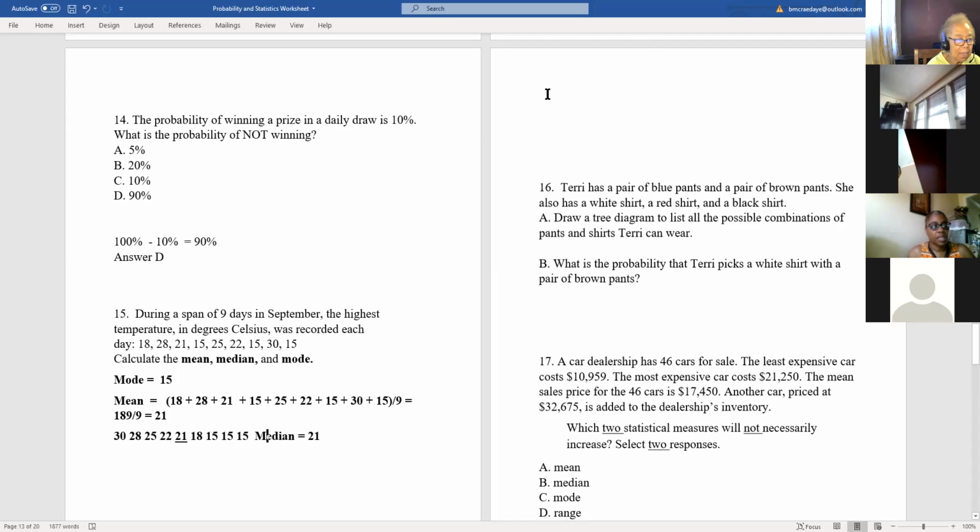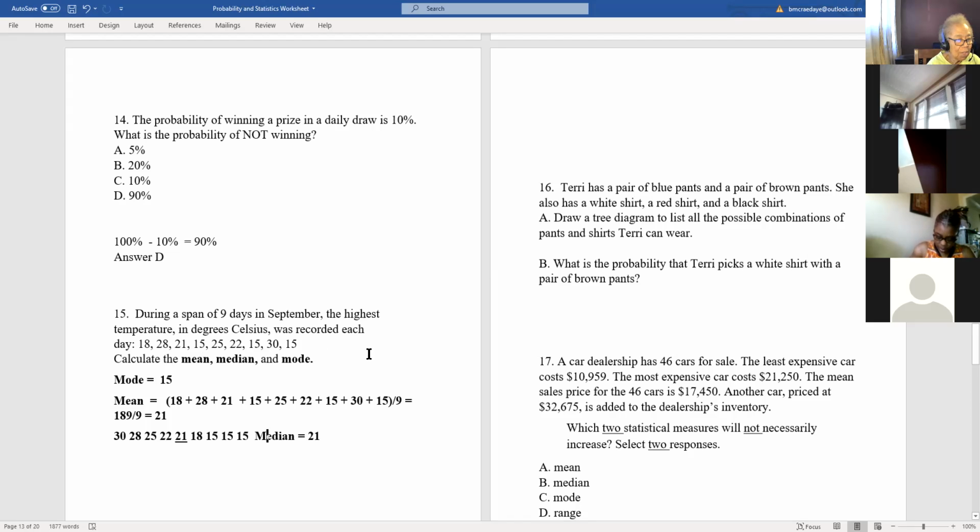The mode is 15 because there are 3 temperatures that are 15. 15 appears more than any other temperature.